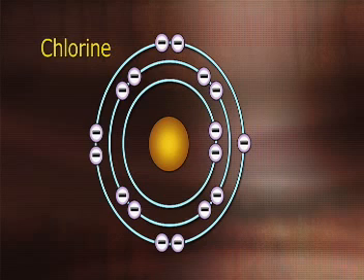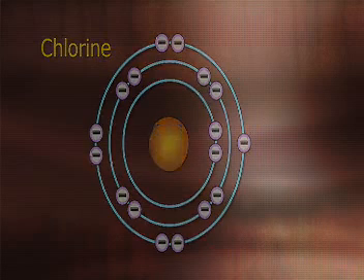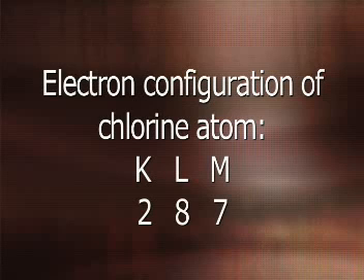The first 2 shells have the maximum number of electrons possible, while the outermost shell holds the remaining 7 electrons. The layout of these electrons is called the electron configuration of the atom. In the case of a chlorine atom, this is expressed as K2, L8, M7.